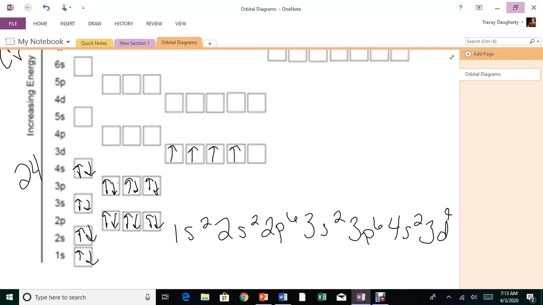If you have a d orbital, the valence shell is the highest energy level, and that's your highest coefficient. So we stopped at the 3d, but our highest coefficient is the 4 in the 4s. So the valence shell is the 4s, and your valence electrons then is 2.